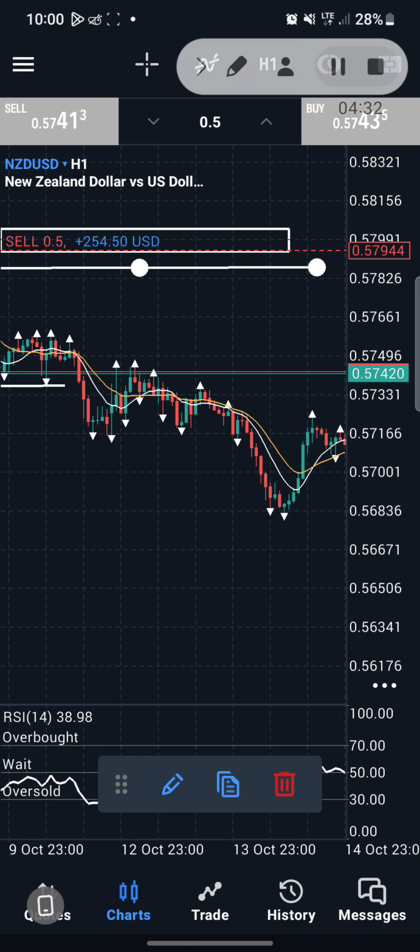Now the trade moved. Keep moving. Finally, it triggered my entry at this place. Look at where it triggered it here.